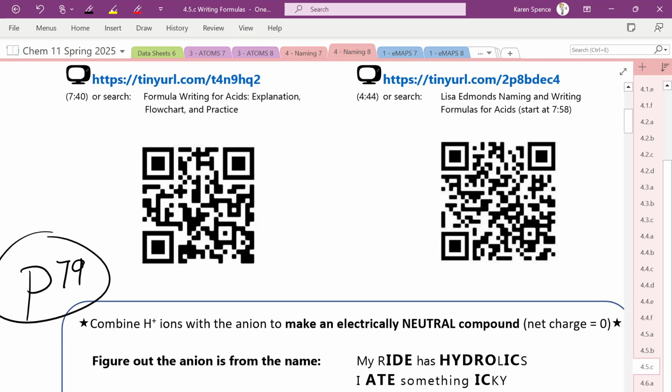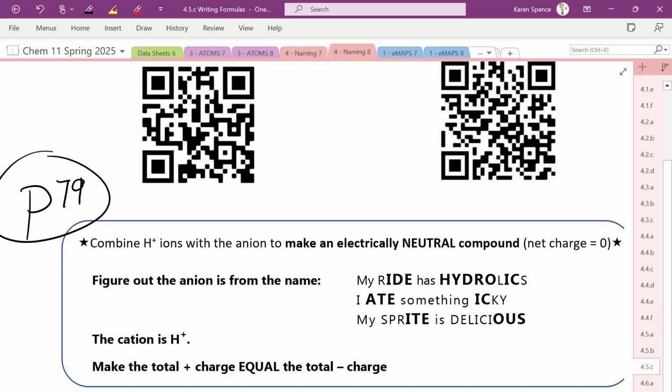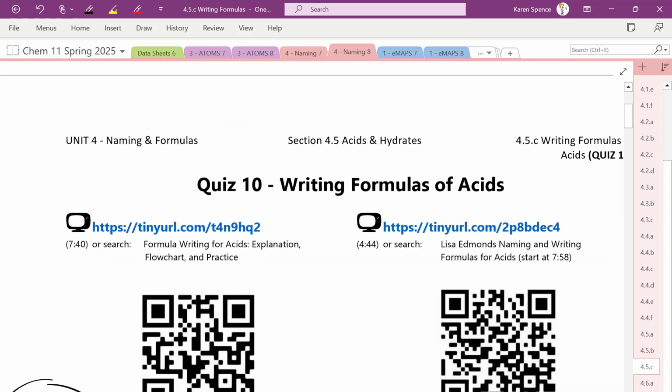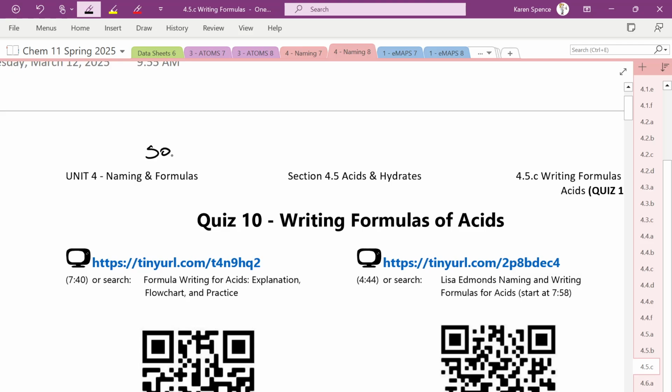So every time we have an acid, so anytime you actually see the word acid, you can say, I have a hydrogen ion, H+. Okay? Now let's say I gave you sodium sulfate. How would you write the formula for that?